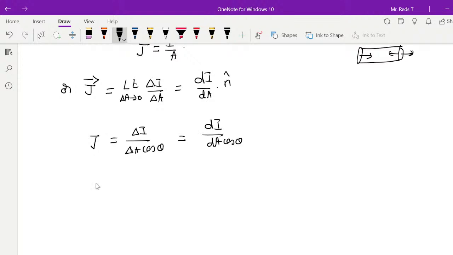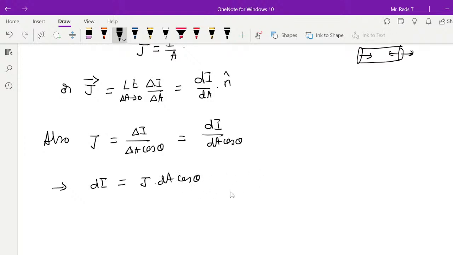So dI is equal to J dA cos theta, as it is in the form of AB cos theta.